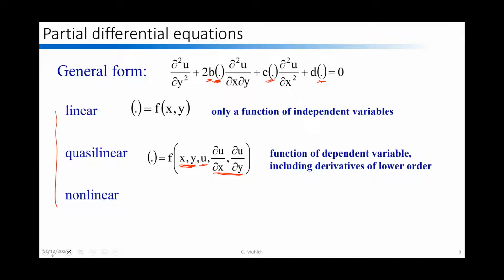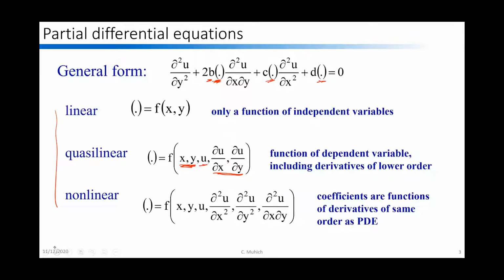Nonlinear is going to extend further out, where we're going to have these values, so x, y, u, but then also these second derivative terms may come into play. So here we may have a second derivative times a second derivative. Right, so these are going to be our general forms of differential equations.